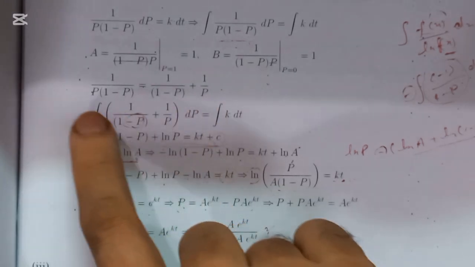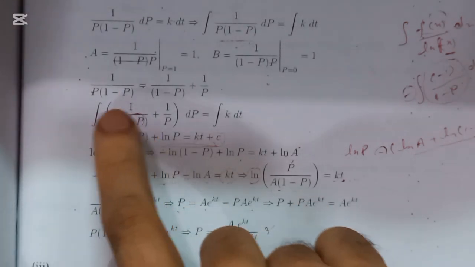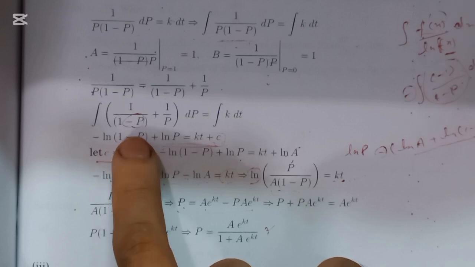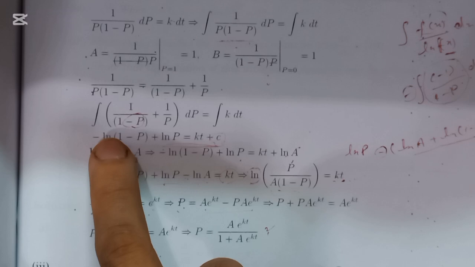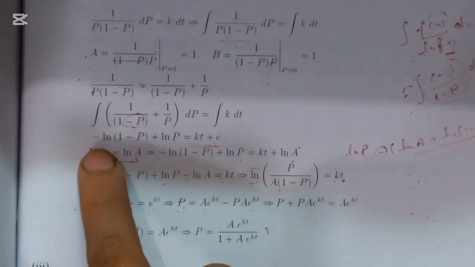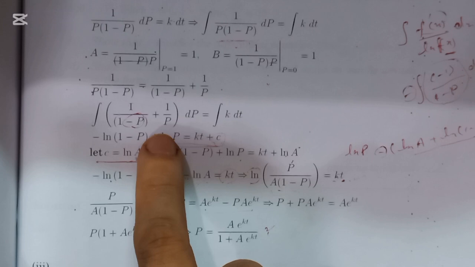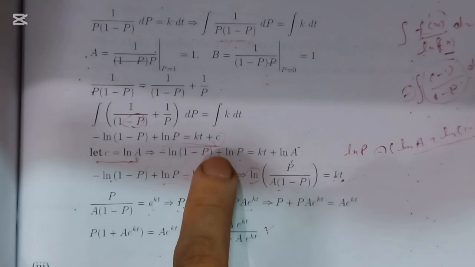Okay, from here you will integrate both sides. First you will integrate both sides. So look now, minus P's differential will be minus 1. So you will multiply and divide the numerator and denominator by minus 1. So it will be minus natural log of (1 minus P), and the integral of the other term will be natural log of P, equal to kt plus c.